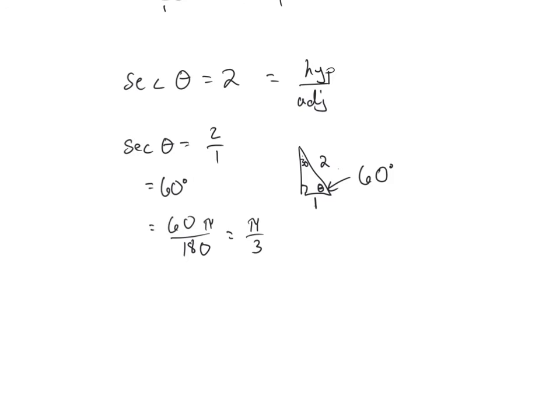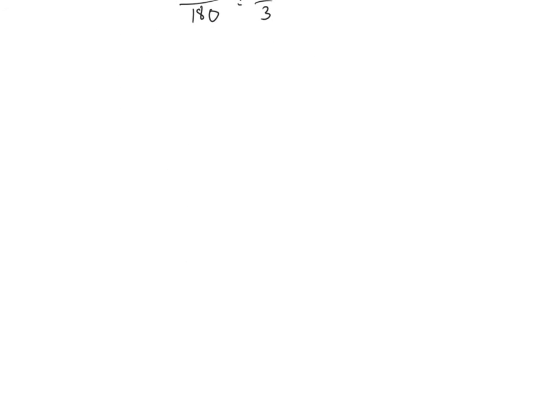What if I was given, let's try another example of that, right? Let's say I was given sine of theta is root 2 over 2. Well, I know when I deal with root 2 and 2, I am dealing with my 45, 45, 90 degrees. And if I rewrote this with that root 2 in the denominator, this would be the same thing as saying 1 divided by root 2.